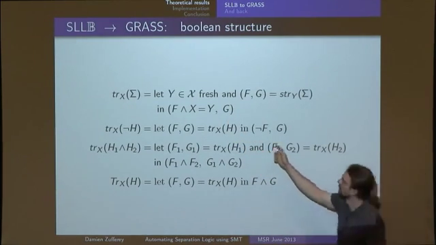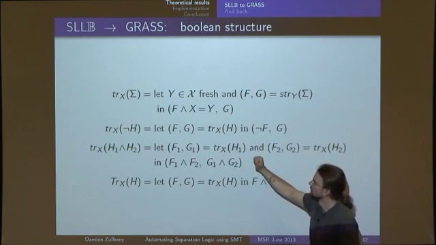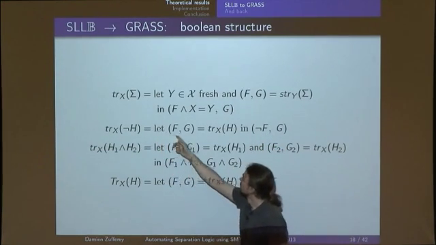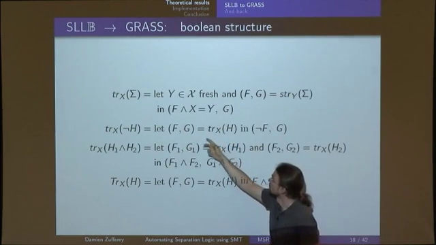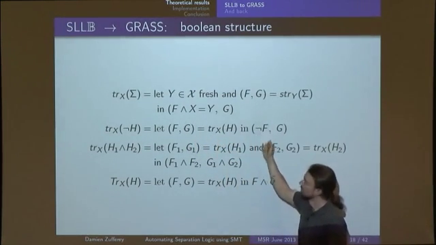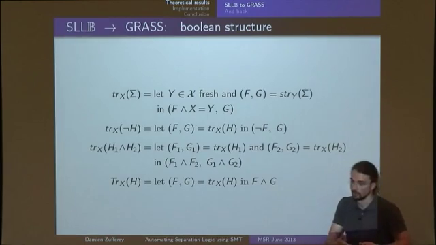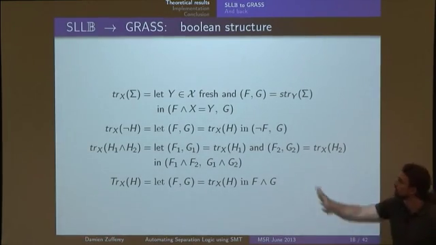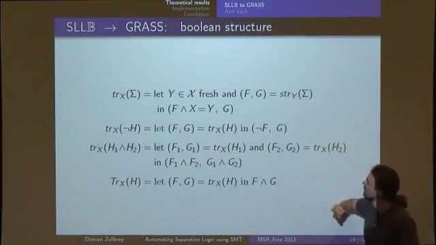Because now the part is the negation. So what does negation mean? Well, we just have this recursive translation, and here we only negate the constraints over the structures. We do not touch the definition of the set. And that's the second critical part.